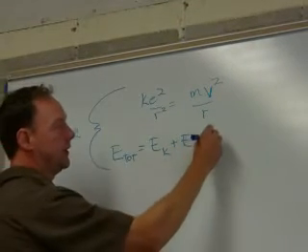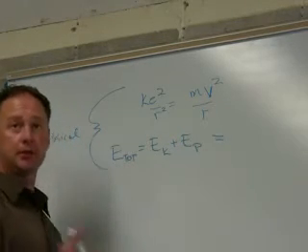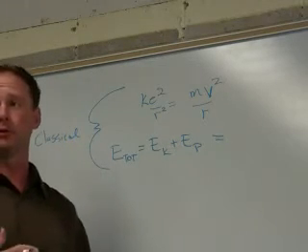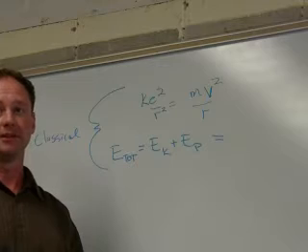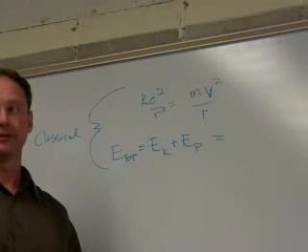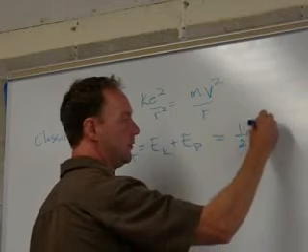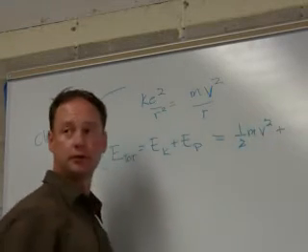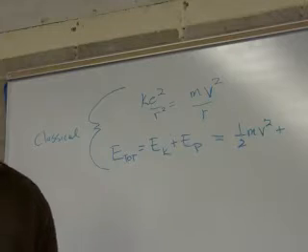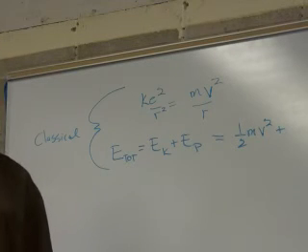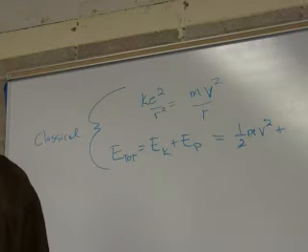All right, what is the kinetic energy equal? And again, I'm just talking about the electron, not the whole atom here. It's 1/2 m v squared. And what is the potential energy? That's the Coulomb force, not gravitational.